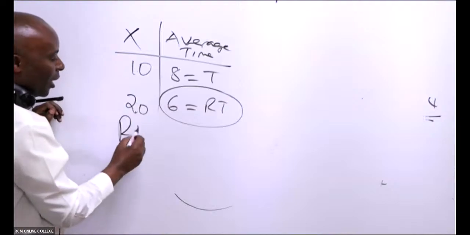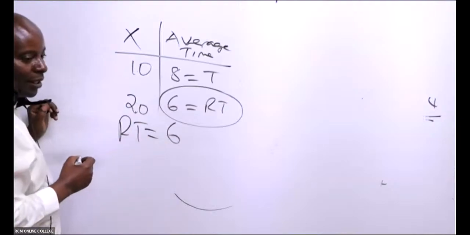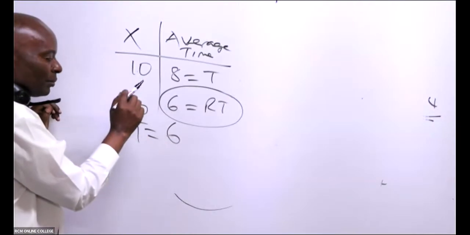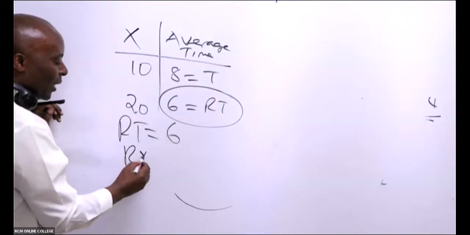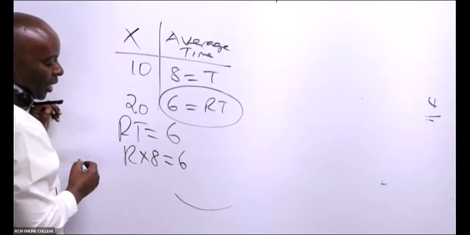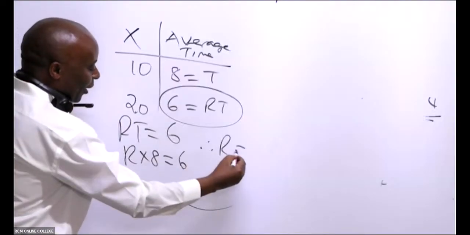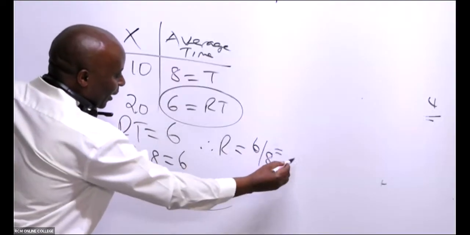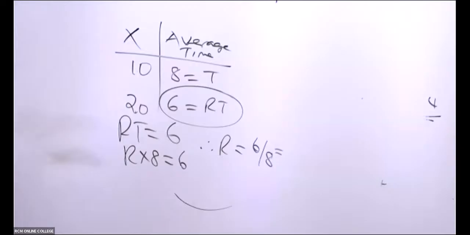So you say RT equals what here? 6. Do you know the value of T? It is 8. So it will be R times 8 equals 6. Therefore, R will be 6 divided by what here? 8. So 6 divided by 8 will end up giving us what here? Yeah, 75%. This is what you lost when Maria came on the screen.